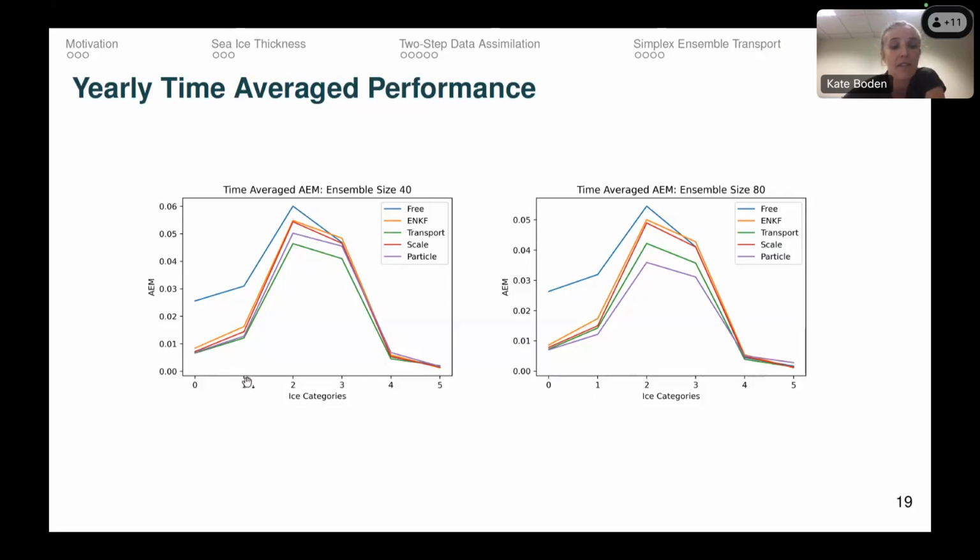And then for ice category 1 and 2, our transport or SCENT algorithm outperforms everybody. If you increase the ensemble size, the particle filter performs a little bit better, but we do anticipate that the SCENT algorithm will do better in a more spatially complex model like SICE and not just IcePack.